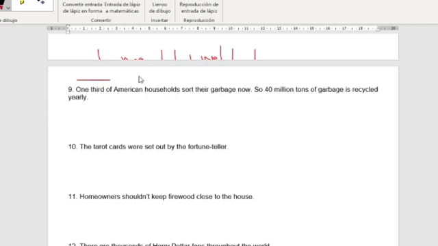American, proper noun? No. Adjective. America is the noun, unless you say Americans. And households? They're nouns. If you have an adjective, you have a noun, for sure. Okay, this one?